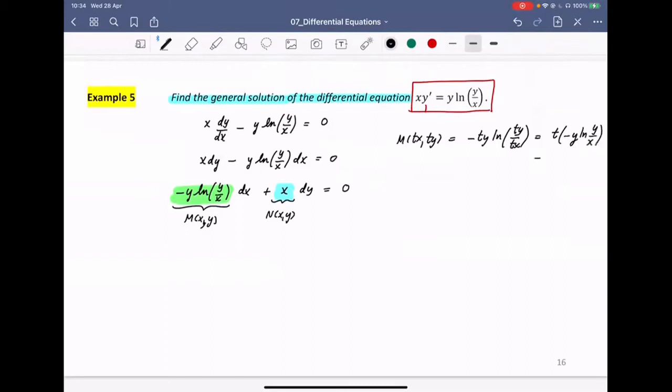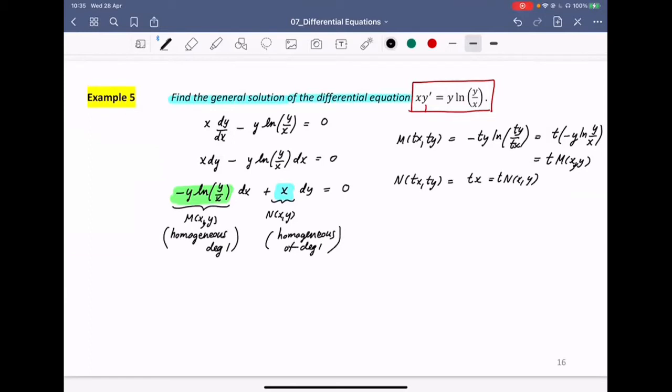Good, this is just t M(x, y), so it is homogeneous of degree 1. And then N(tx, ty) is just tx, which is t times N(x, y). This is also homogeneous of degree 1.